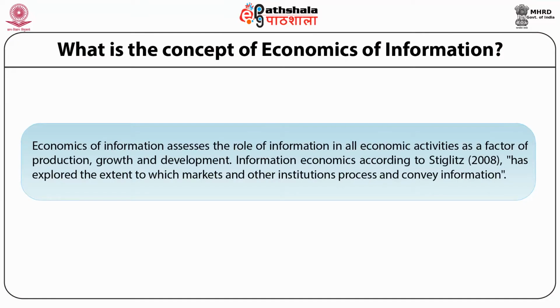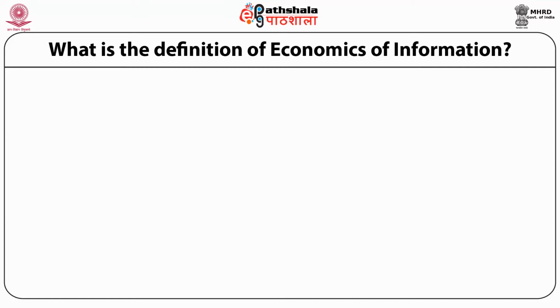Information economics, according to Stiglitz, who is a Nobel laureate and a very famous economist, has explored the extent to which markets and other institutions process and convey information. Now, you may be wondering, what is the definition of information economics?